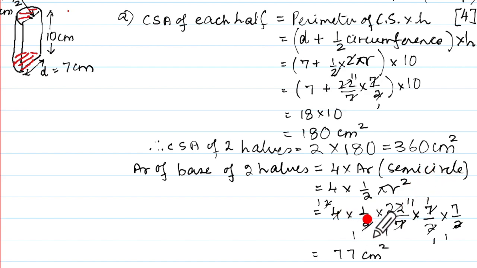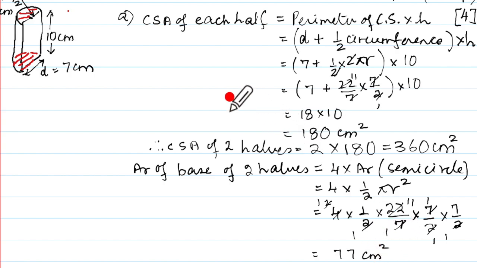Substitute the values, 4 into half into 22/7 into 7/2 into 7/2, and look at the cancellation. 2 1s and 2 2s, 2 1s and this 2 goes, and this 2 and this 2 11s. So you have in the numerator 11 into 7, that is 77 centimeter square, which means the total surface area of the two halves is 180 plus 77.